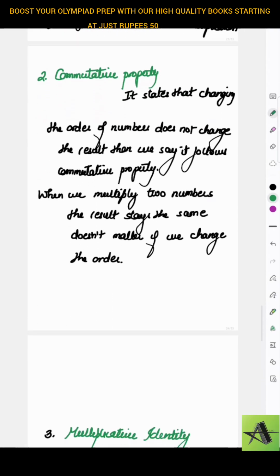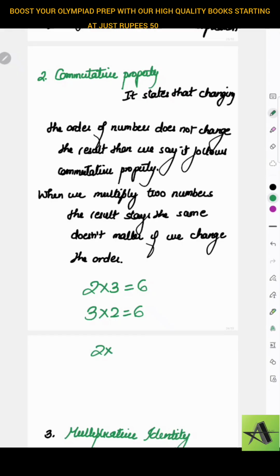Next is commutative property. Commutative property says that order doesn't matter, which we have already done in addition as well. Even if I change the order, the result is the same, hence I can say that it is following commutative property. Say for example, 2 times 3, answer is 6. Now I'm changing the order, bringing 3 and 2, answer is still 6.